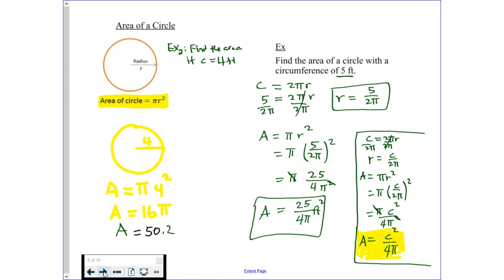You can move around formulas. That's why we studied literal equations. If you guys remember from the previous unit, we studied literal equations. That's one of the applications of literal equations. Anyone with the answer? What would be the area if the circumference is 4 feet?